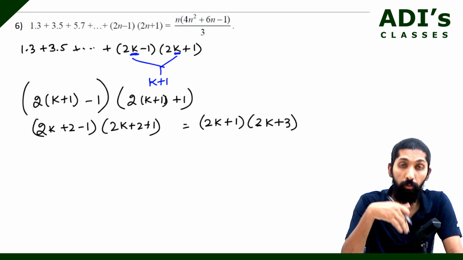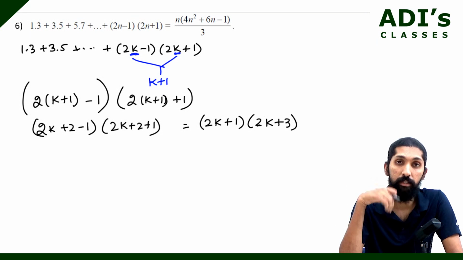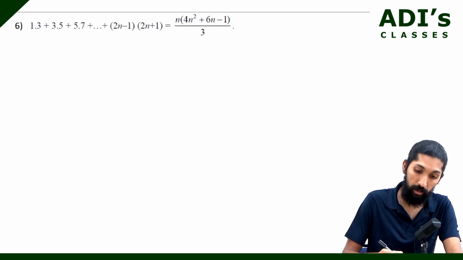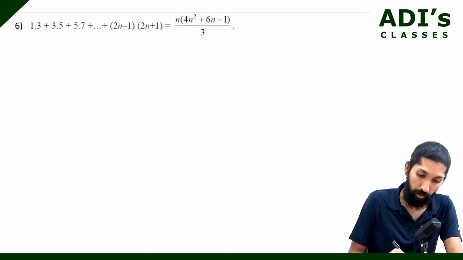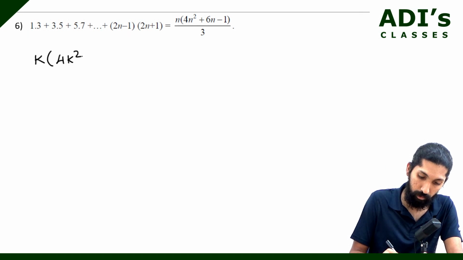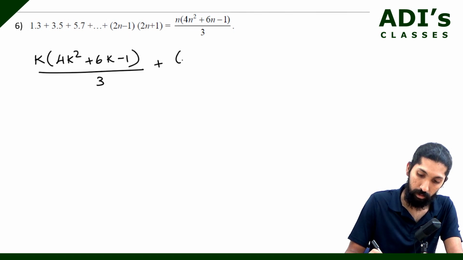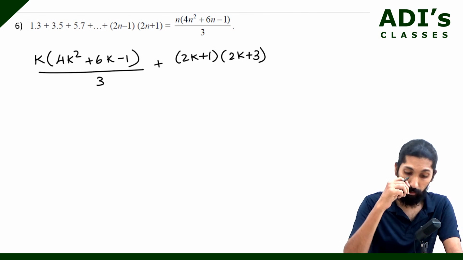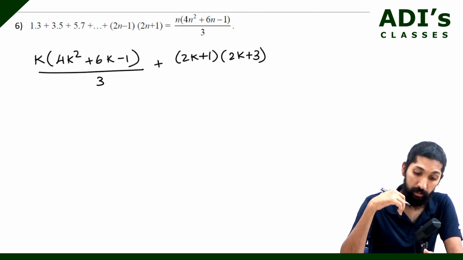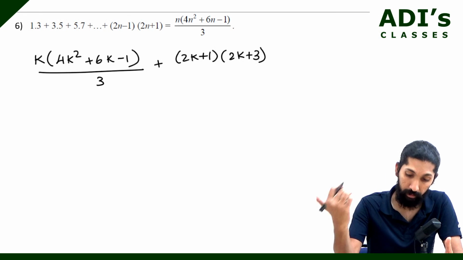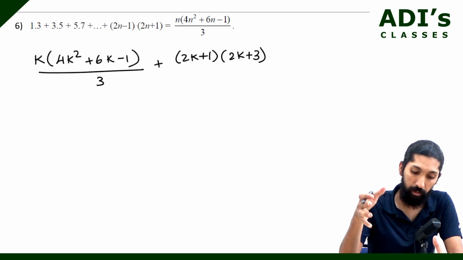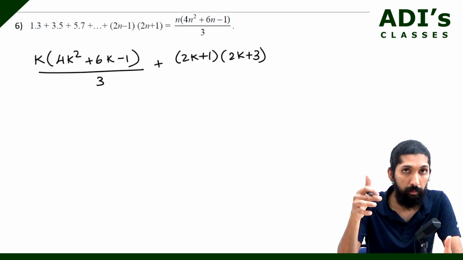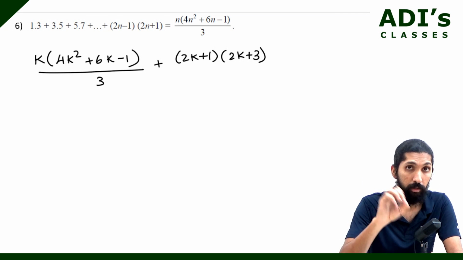Correct? So we'll look into this for the RHS part now. Alright? So you're going to have k into 4k square plus 6k minus 1 by 3 plus 2k plus 1 into 2k plus 3. Correct? So first, what can we do here? You can first take the 3 that side taking the LCM. Then if you want, we can try to split the middle term, but I don't think splitting the middle term is going to help here.